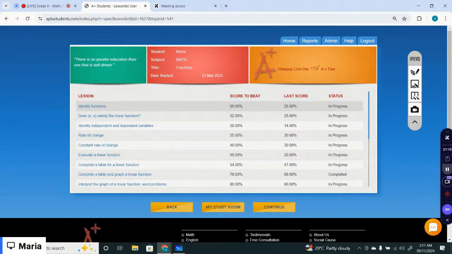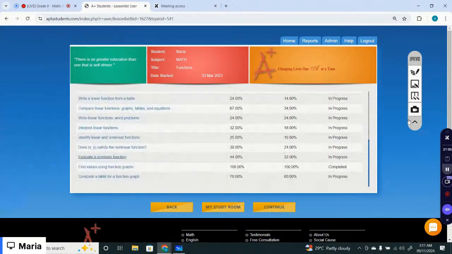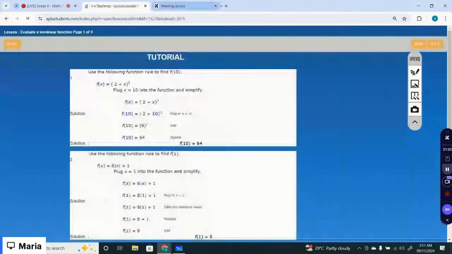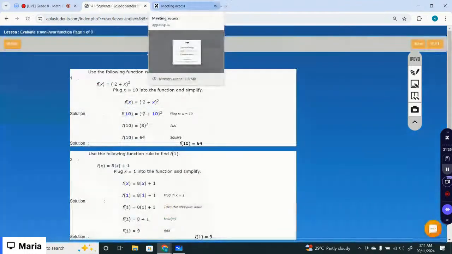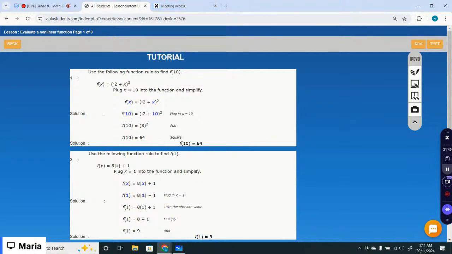The next lesson is evaluate a nonlinear function. Use the following function rule to find f of 10.